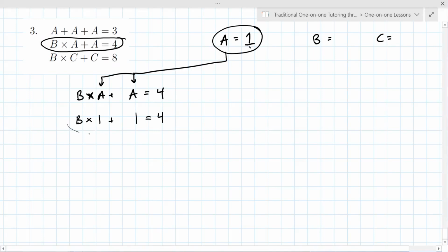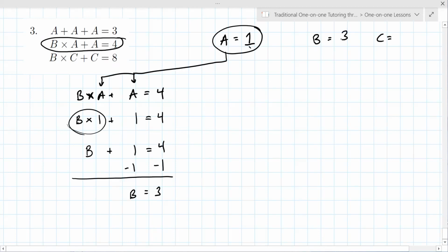So what is B times 1? It's B. Any variable times 1 is itself. So now you undo addition by 1 by subtracting 1. So B equals 3, and you divide by 1, and then B equals 3.